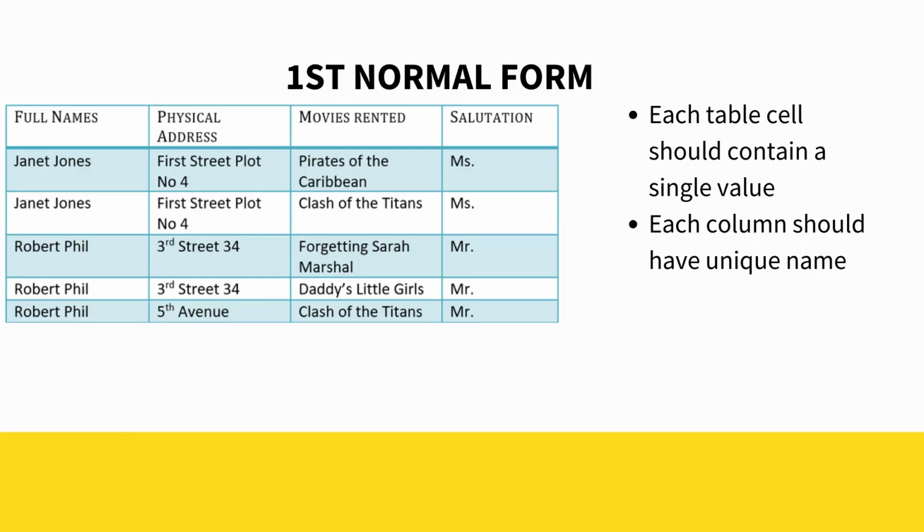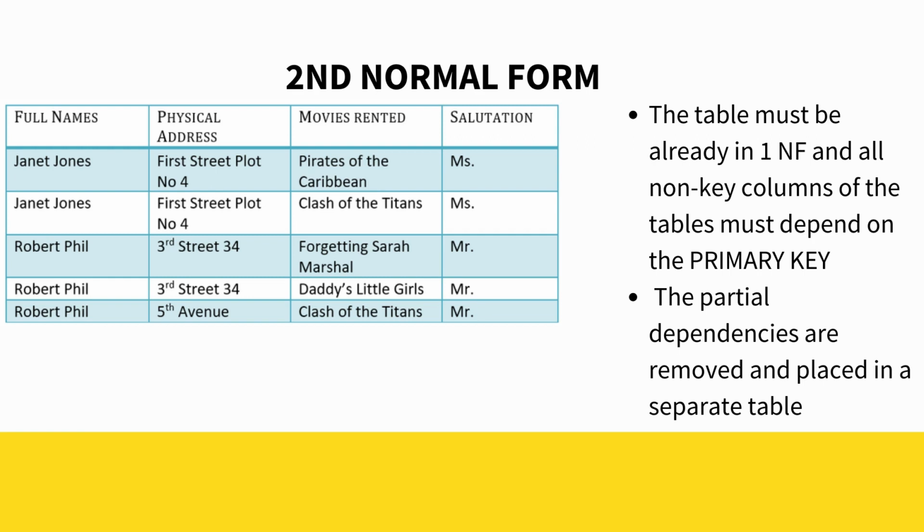First normal form: every table in your database should at least follow the first normal form. There are some rules in first normal form. Each table cell should contain a single value, and each column should have a unique name. And remember that each column has to have the same data type.